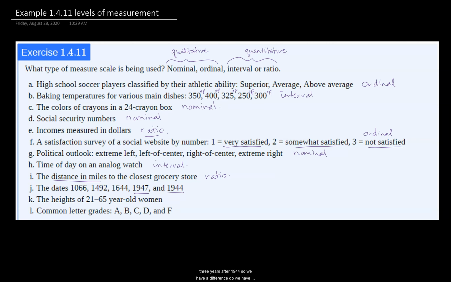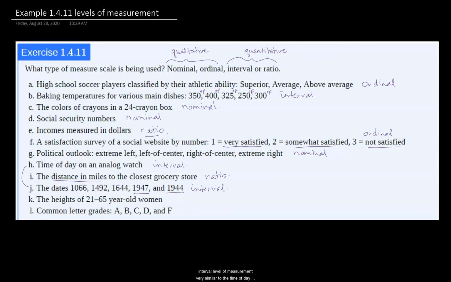Whether we look at Common Era and before Common Era, CE and BCE, we go from 1 before Common Era to 1 Common Era. There is no 0. And we can't say something like the year 1400 is 2 times the year 700. That doesn't make sense. And so for dates, we have an interval level of measurement.